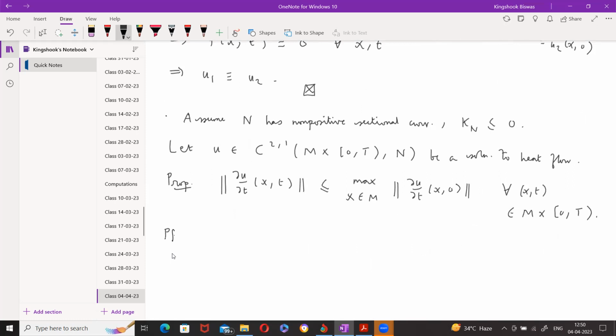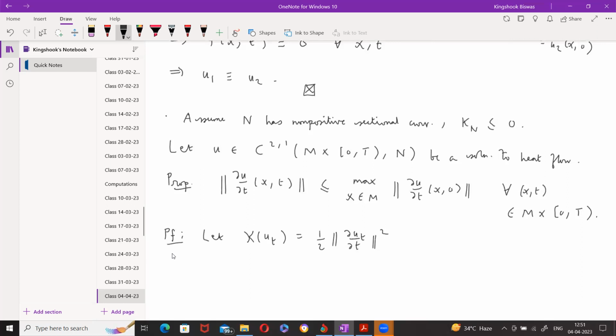So the proof is you let kappa of ut be half the norm squared of del U del T. So this was the kinetic energy.